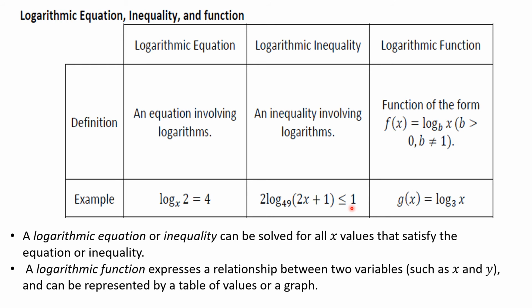You identify whether it is an equation or an inequality by the symbol used. Here is an example: 2 times the logarithm of the quantity 2x plus 1 with base 49 is less than or equal to 1.